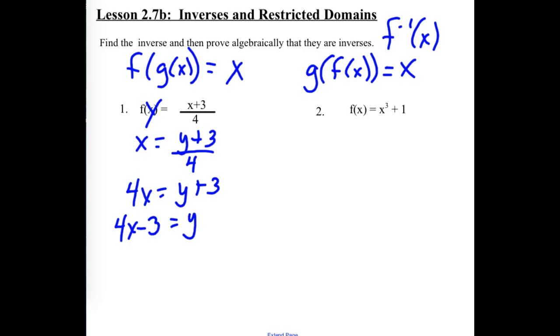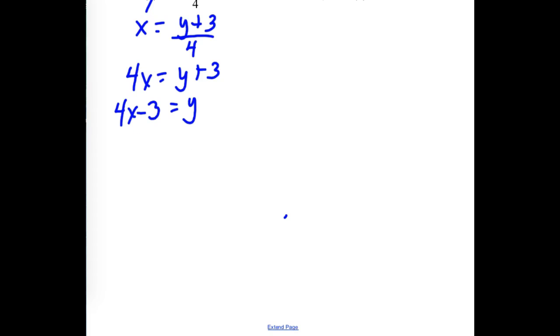Yeah, y equals mx plus b, it's just a line. So would it pass the vertical line test? Yeah, so this is a function. So we could say 4x minus 3 is the inverse of our original function. Okay, so we've done the first step. We've found the inverse. Now they want us to prove algebraically that we got the right thing.